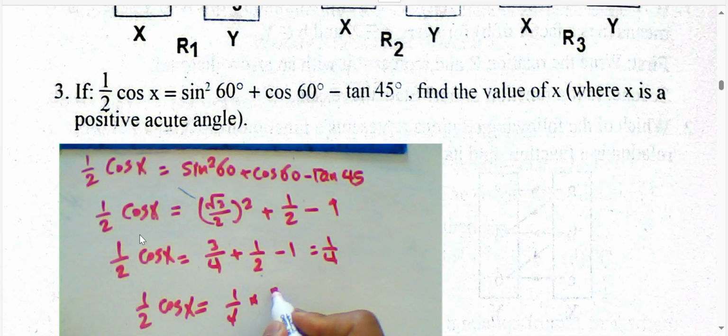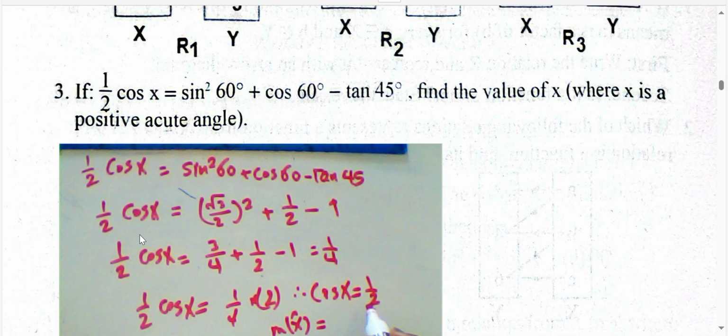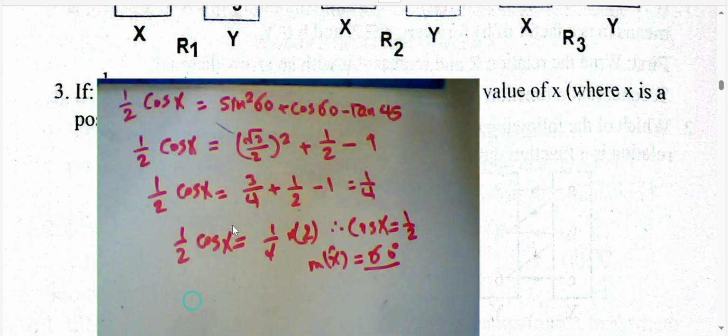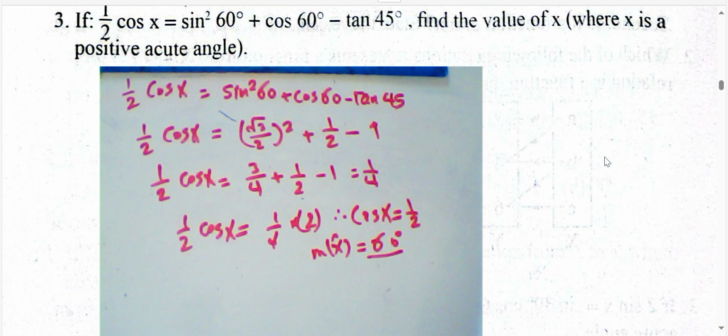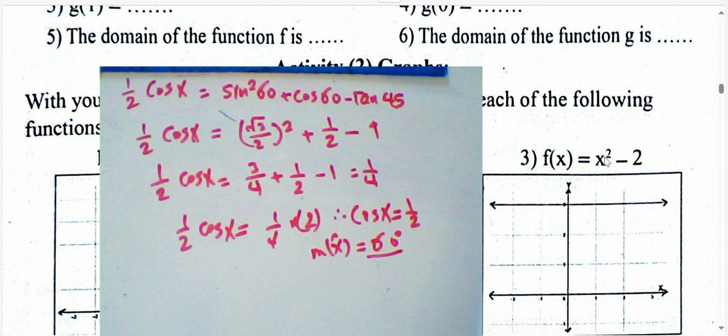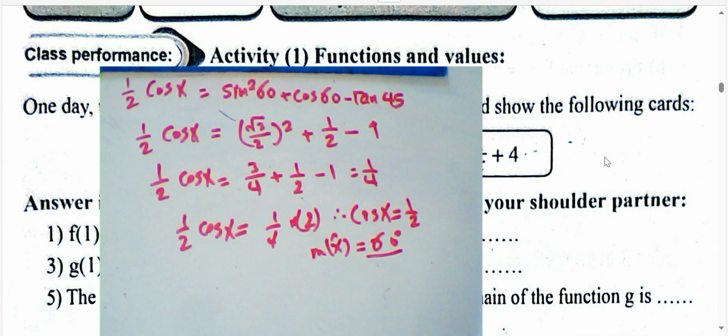We can multiply by 2 to cancel the half. Then cosine x equals 2 times a fourth, which equals half. So we can find the measure of angle x. Shift cosine half, it will be 60 degrees. Then the answer here will be 60 degrees for this question. Okay, it's the last question about this model, letter C.